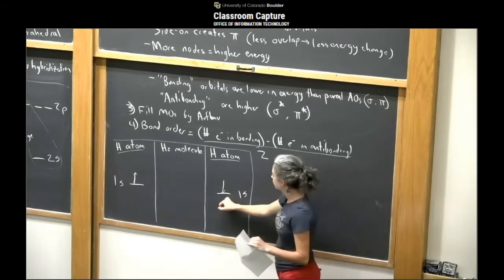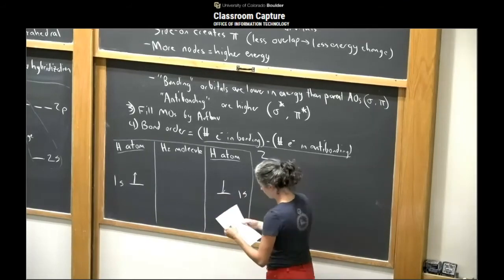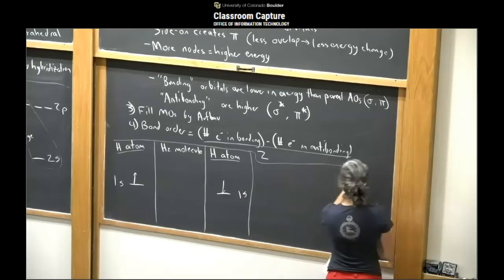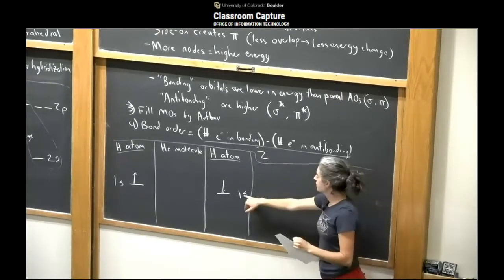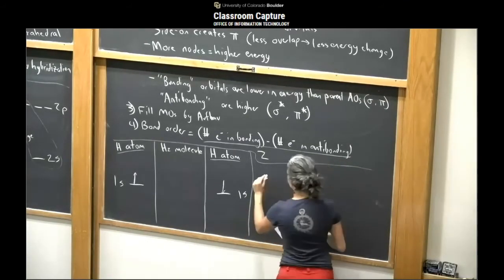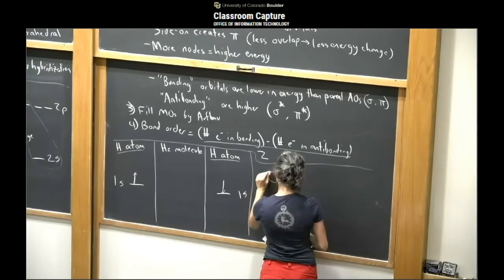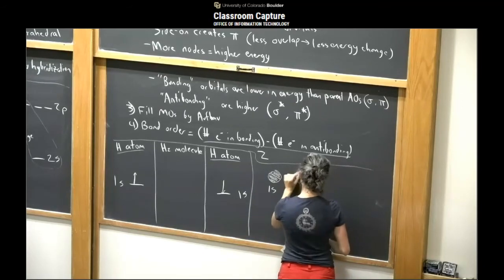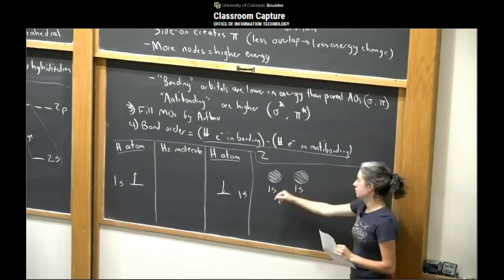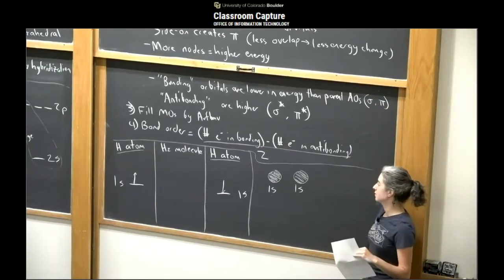Okay, so it might actually help if I show the shapes of the orbitals. So we've got a 1s orbital, a little sphere around an atom, and another 1s orbital. And I'm just arbitrarily, for this version, going to show them being the same color. Maybe I picked to have them both shaded.